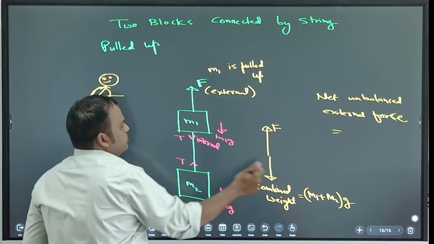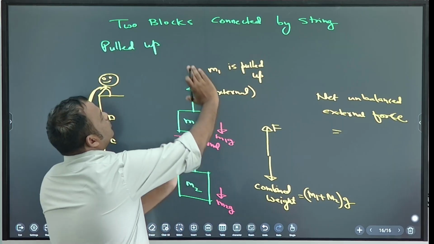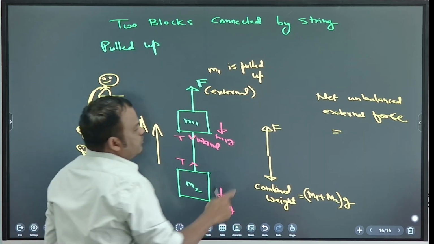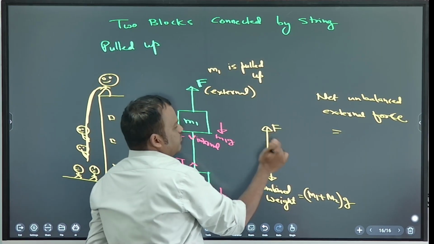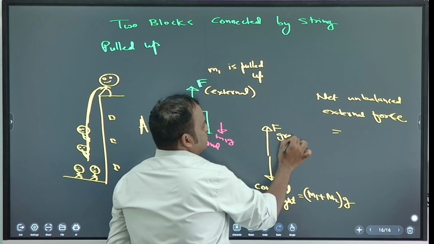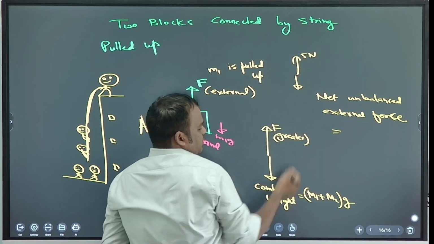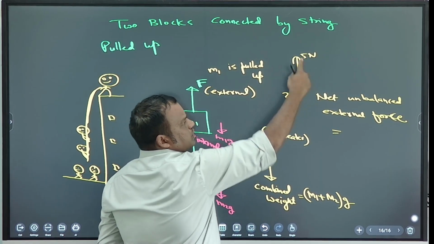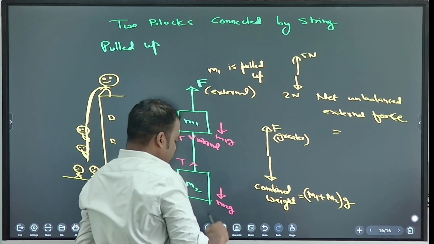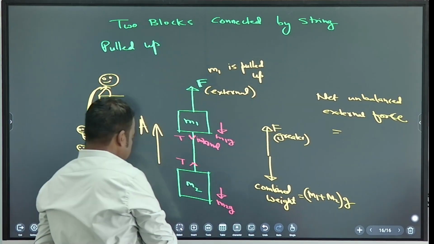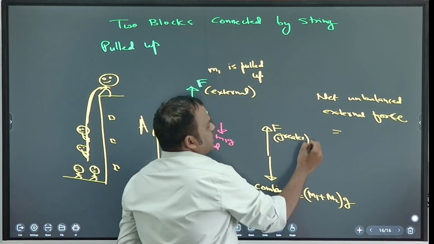F minus this, because the blocks are going up. Acceleration of the block is up. So which is greater? F is greater. Like F is maybe 5 Newton, combined weight maybe 2 Newton. So 5 Newton is greater. So how to find acceleration?